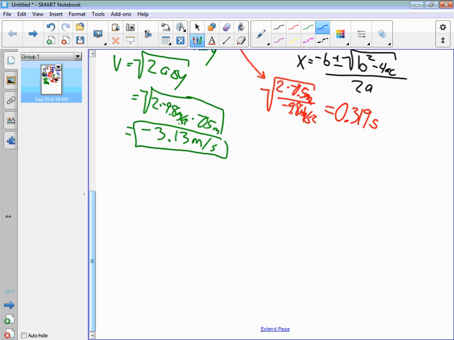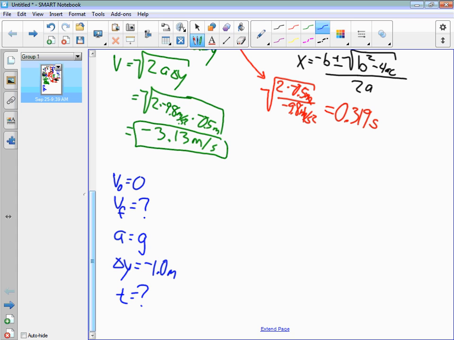Okay, so initial velocity is still 0, final velocity, v, is one of the things we're trying to figure out. Acceleration is still little g. Displacement is now negative 1.0 meters, and time is still something I'm trying to figure out.